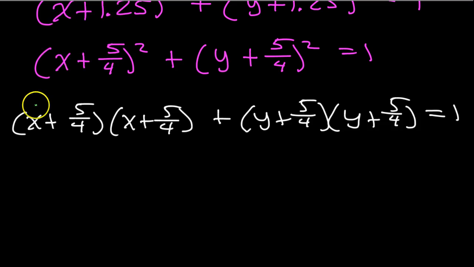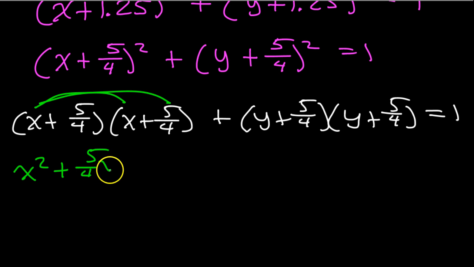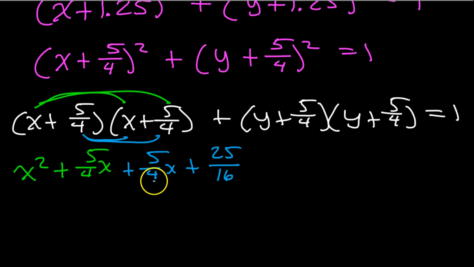So if I distribute the x, that's going to give me x squared plus 5 over 4x. And then if I distribute the 5 over 4, that's going to give me 5 over 4x plus 25 over 16.